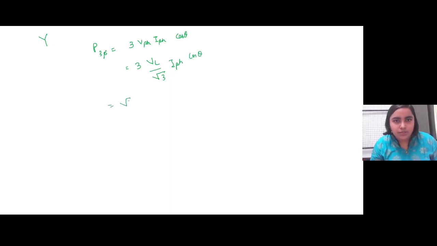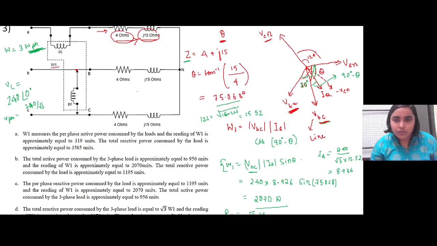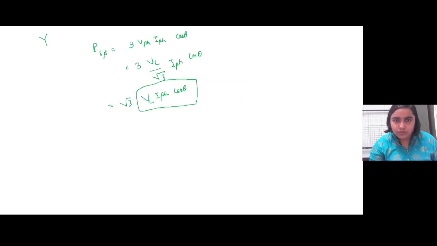So this is equal to root 3 times VL I phase cos theta. This part we are calculating as W1, so the total power will be root 3 times this W1, right?